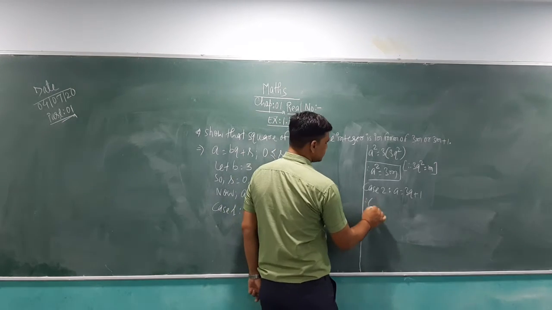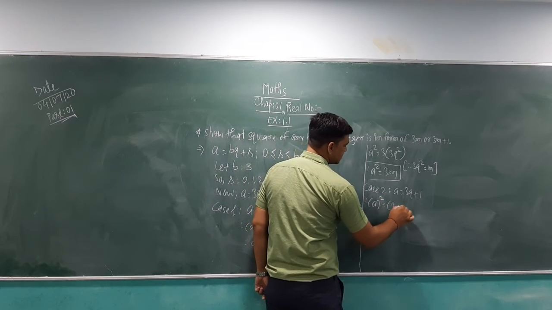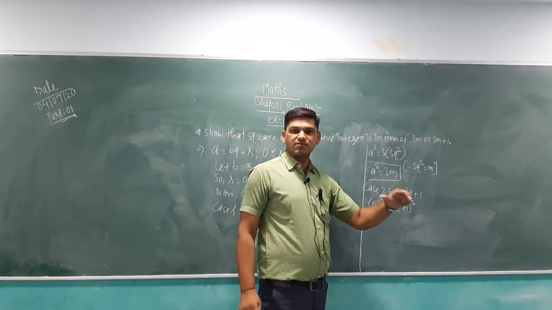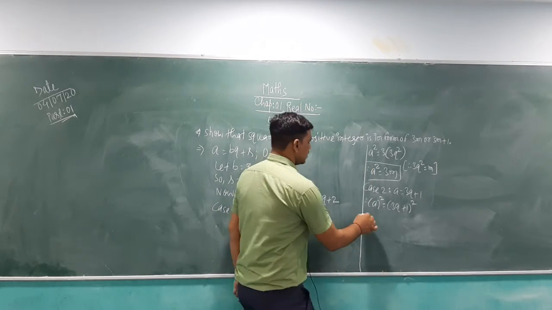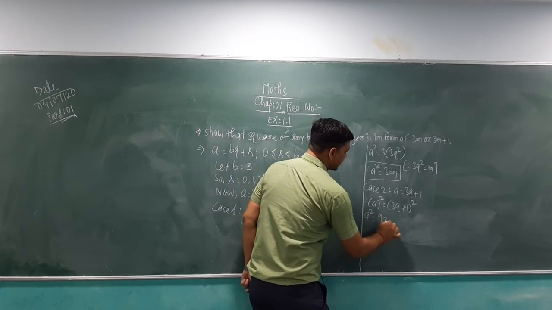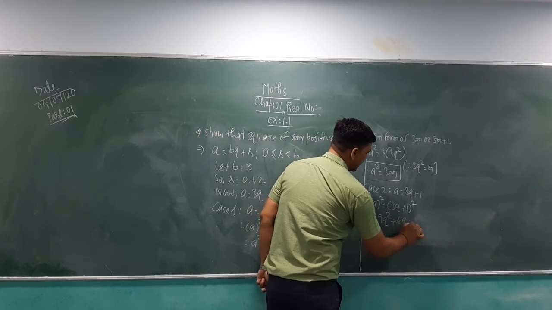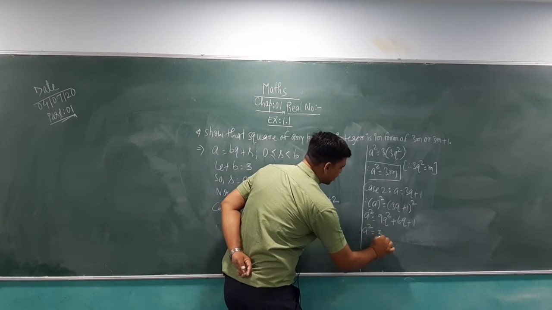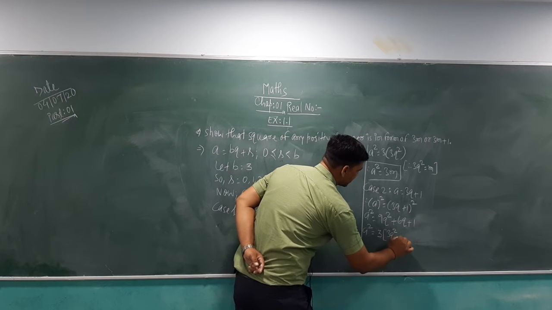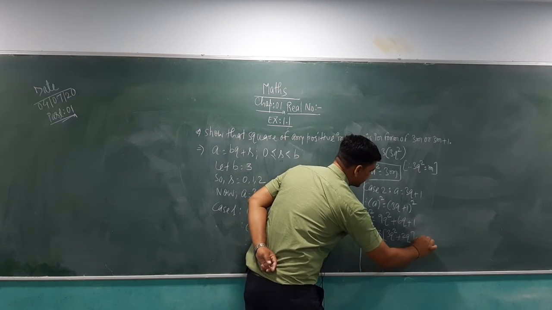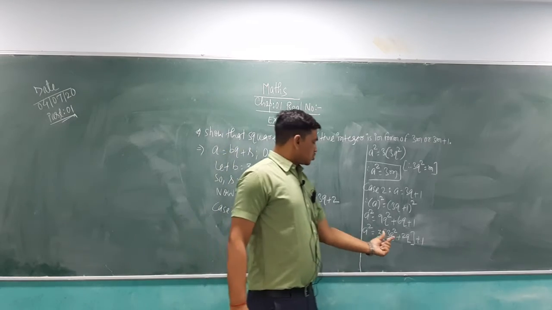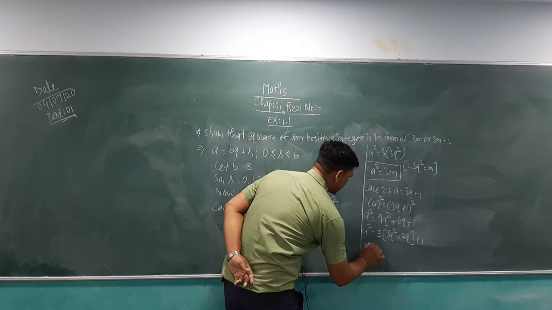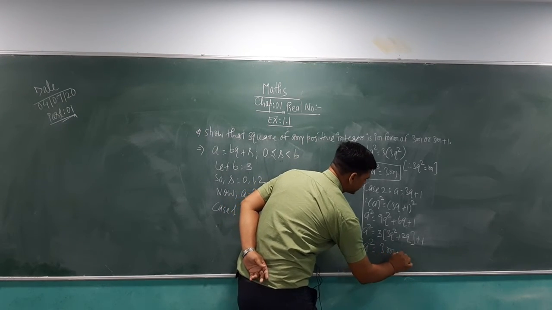So a² = (3q + 1)². Using (a + b)² = a² + b² + 2ab, a² = 9q² + 6q + 1. Taking 3 as common, a² = 3(3q² + 2q) + 1. Let 3q² + 2q = m. So a² = 3m + 1.